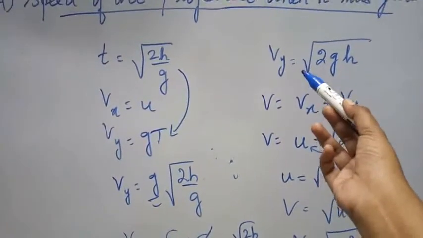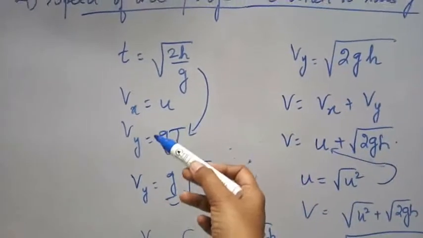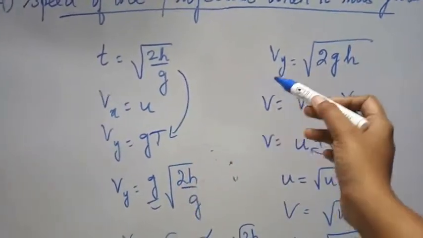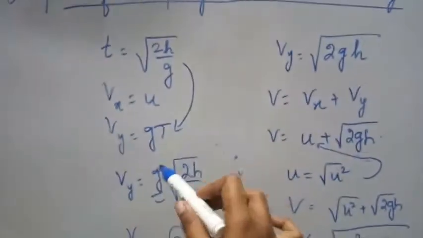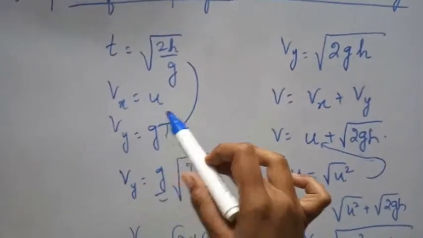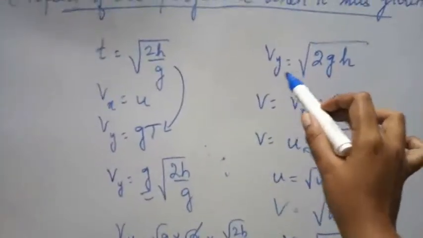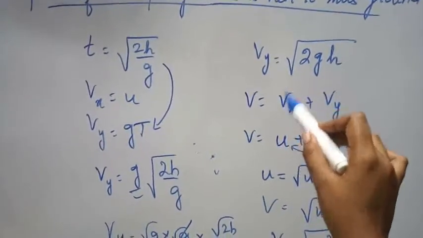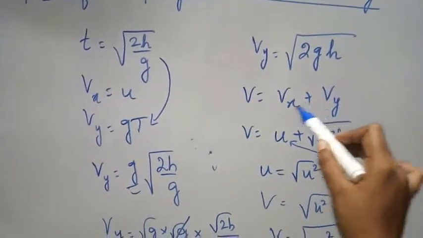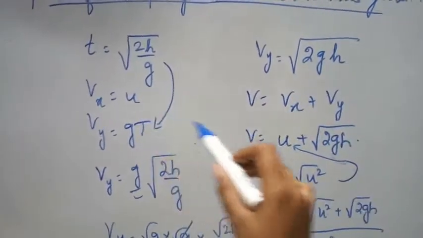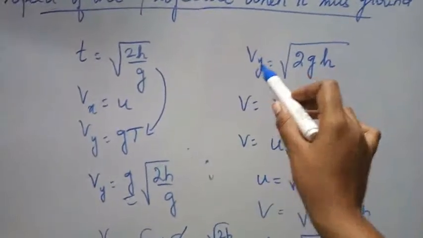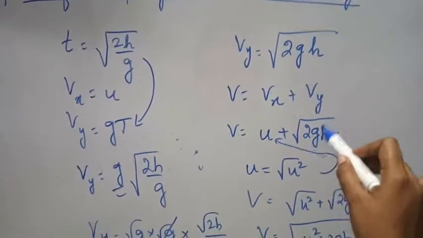So I now have the value of Vy and Vx. The same thing what we did there, but the t value was not substituted there. So here we are substituting it and finding the Vx and Vy. So the velocity V can be written as Vx plus Vy, isn't it? Vx value is u and Vy value is root 2gh.